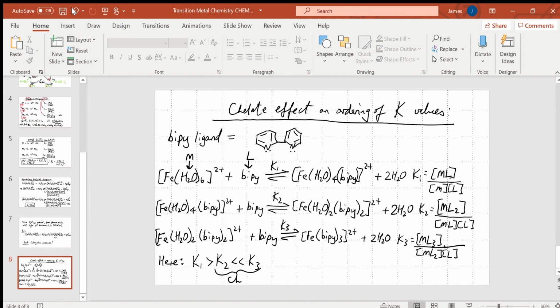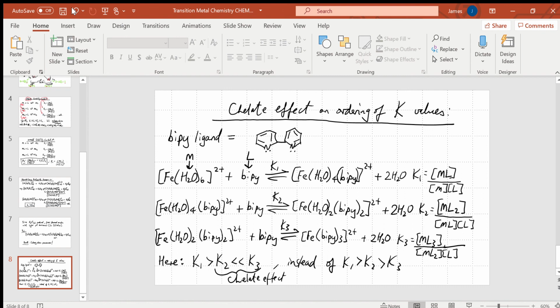So this sudden change around is the chelate effect, and that's instead of what you might expect, which would be K1 is greater than K2 is greater than K3. So here there's no chelate effect, but here we have a chelate effect.